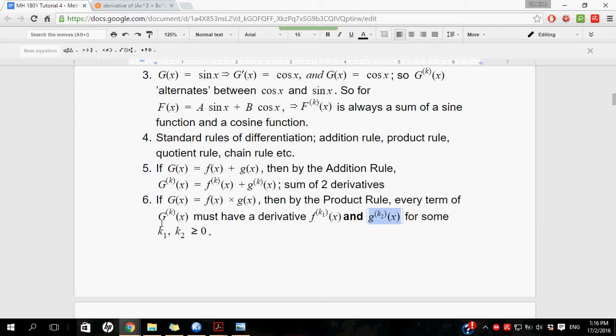You can see this immediately from the formula for the product rule.